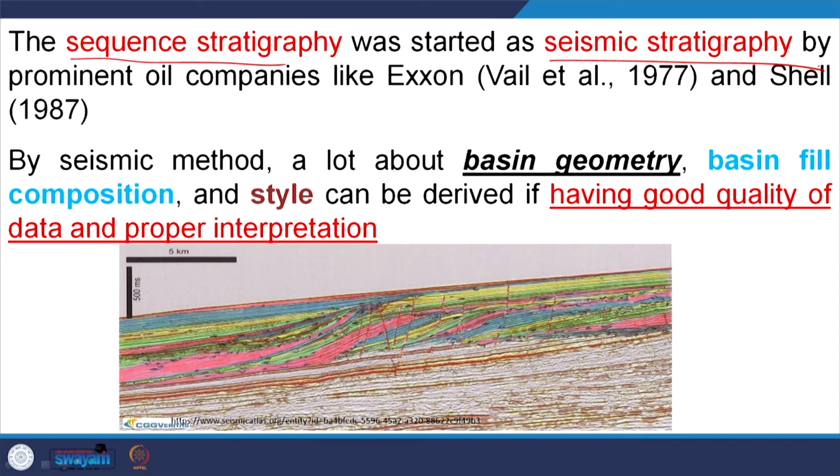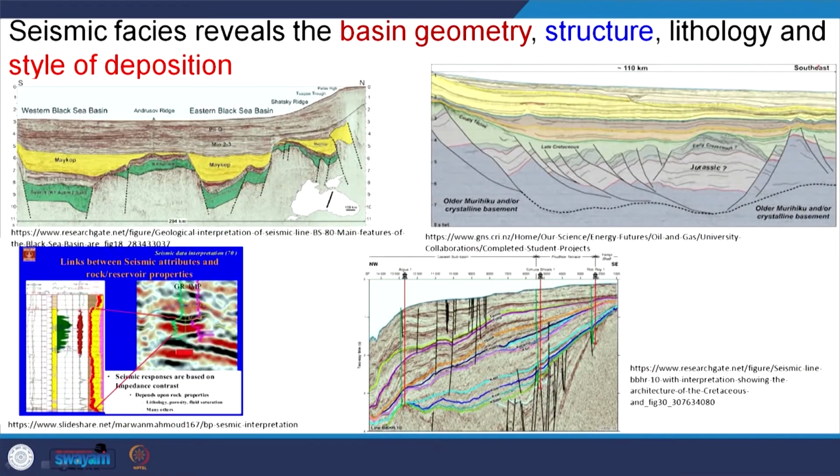And this seismic method says a lot about the basin geometry, how the basin will look. If you see here this basin geometry, now it is representing one basin, but earlier there were two basins.